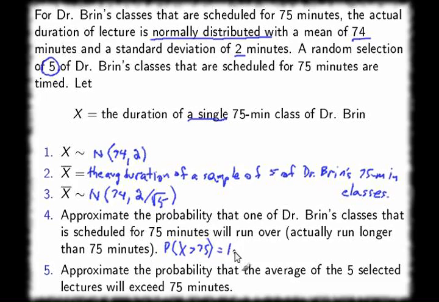So that's going to be 1 minus normal, because X is normally distributed, mean 74, standard deviation 2, and X is 75. So we go to GeoGebra and ask for that number.